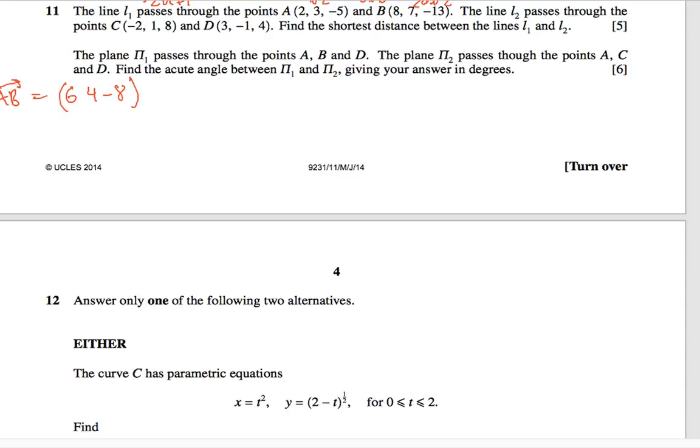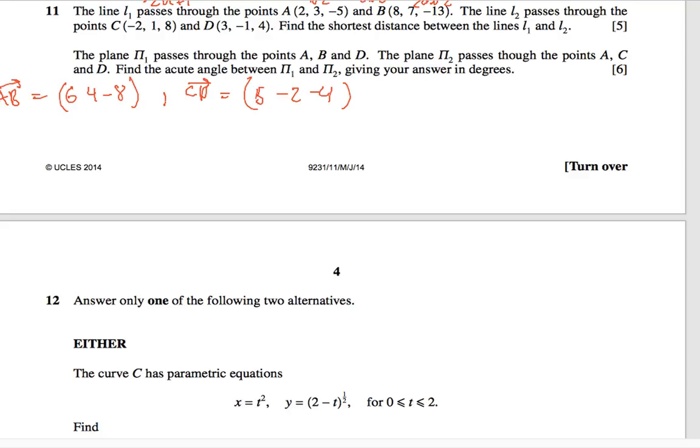And then for CD, you just do d minus c. So 5, minus 2, 4. Yeah, that's right.